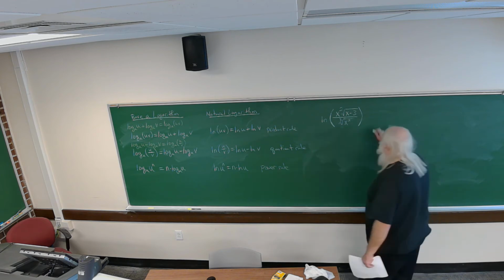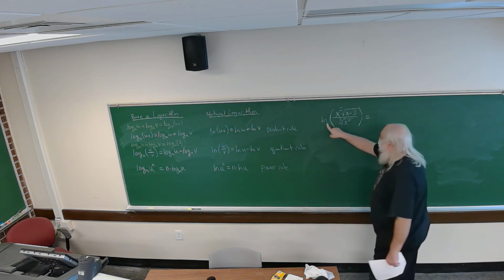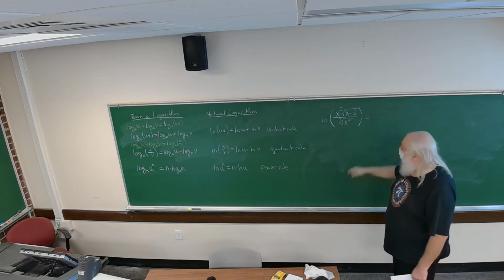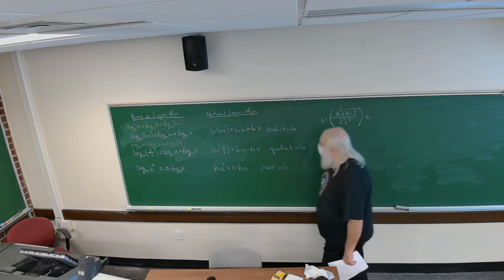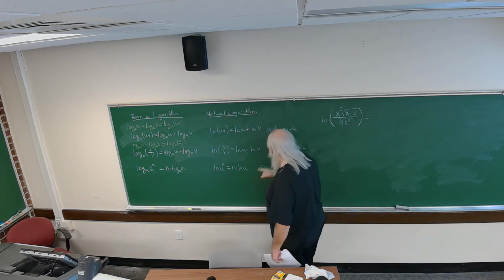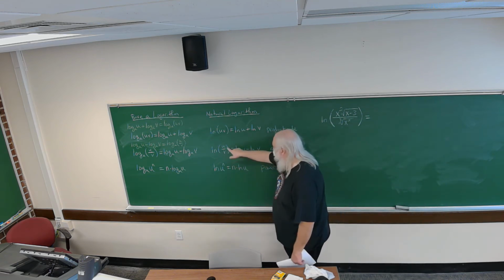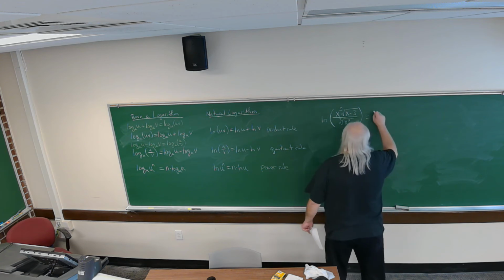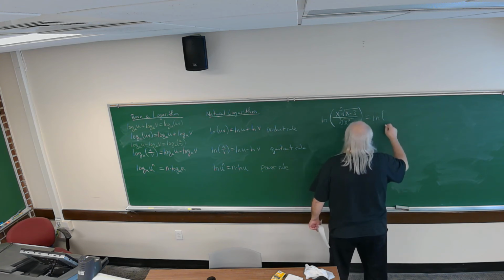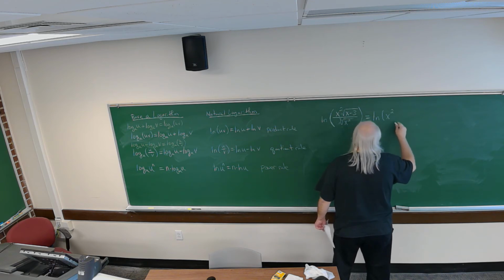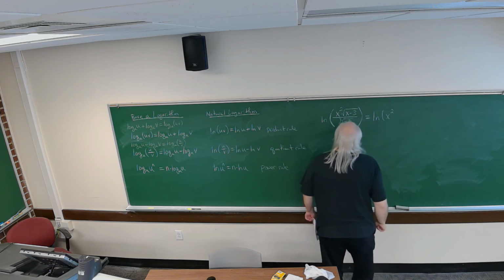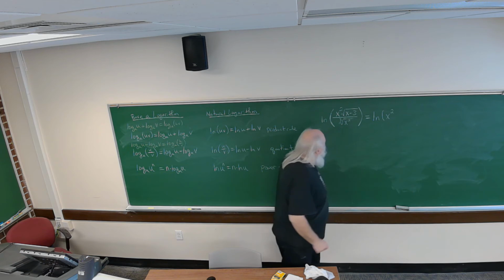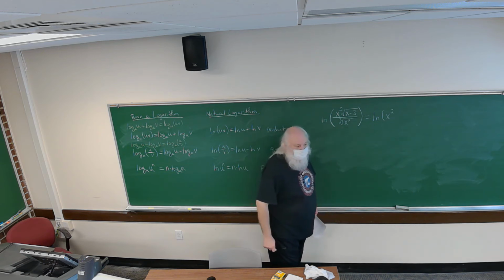So you notice that we have the natural log of a quotient. So by the quotient rule, this is equal to the natural log of the numerator minus the natural log of the denominator. So the natural log of the numerator is the natural log of x squared times the square root of x minus 3.